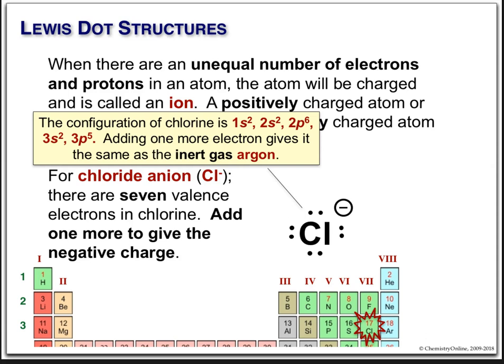This is no longer the electron configuration of chlorine, is it? It has 8 valence electrons. That means it's equivalent to argon, the inert gas. We'll come back to this point.